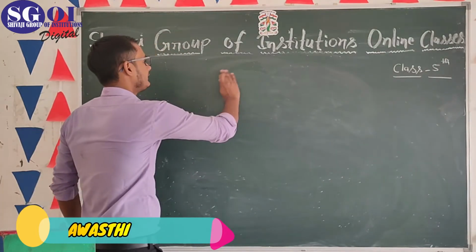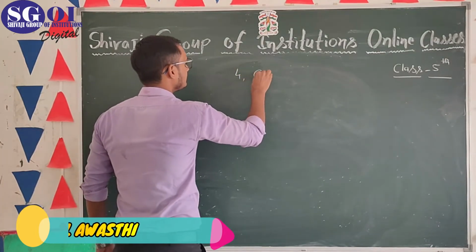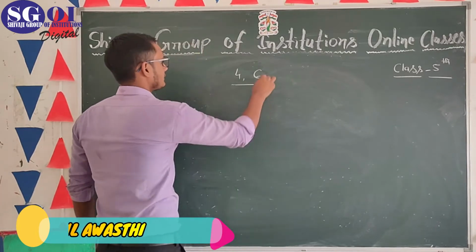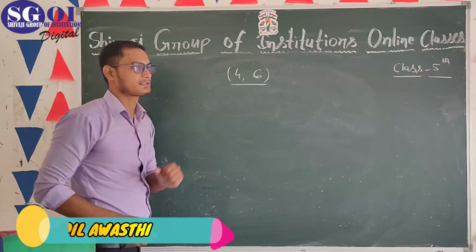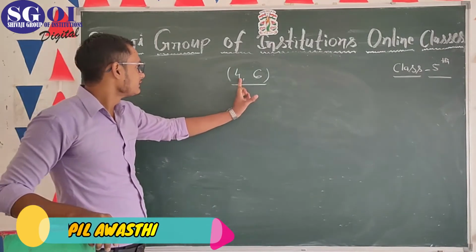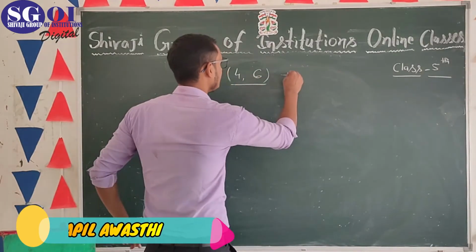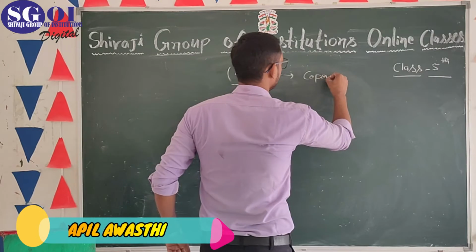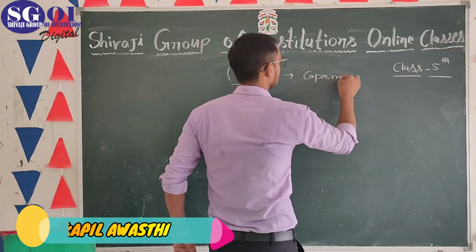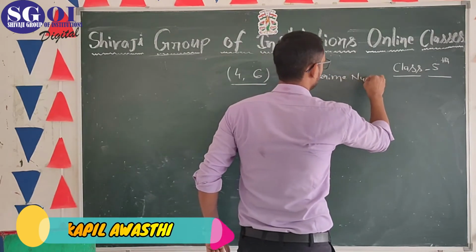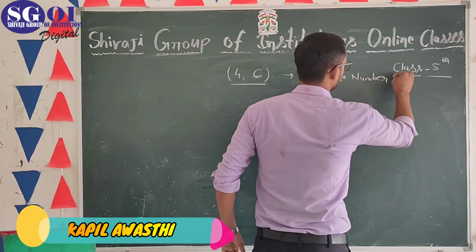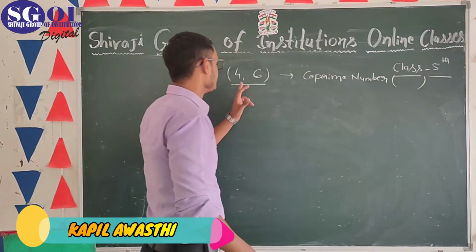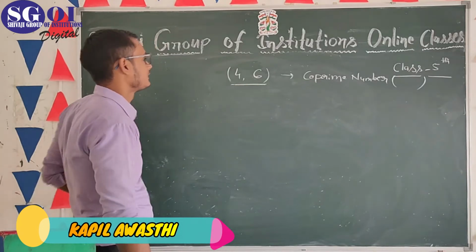So, 4, 6 is a pair of two numbers. Is this a co-prime pair?